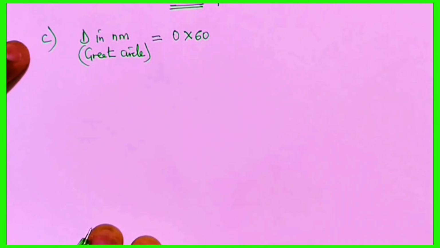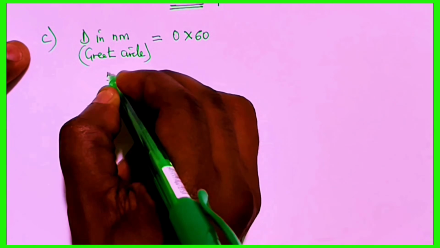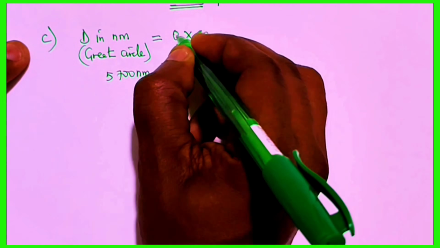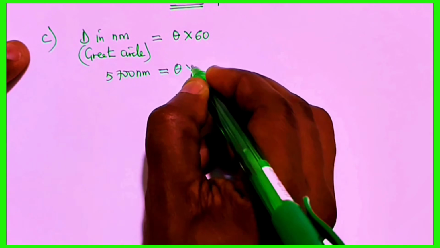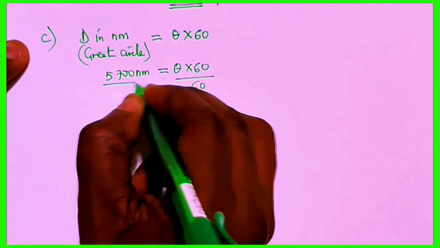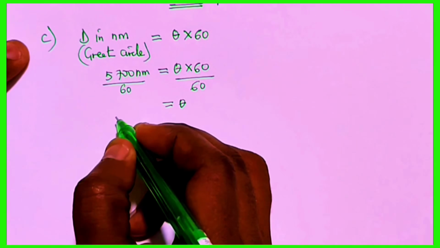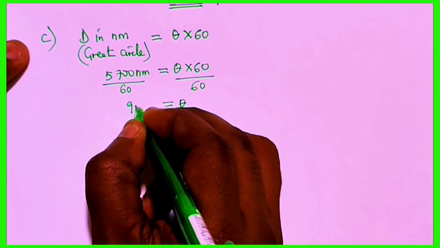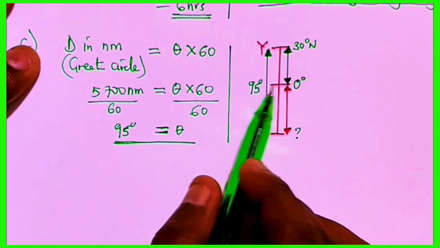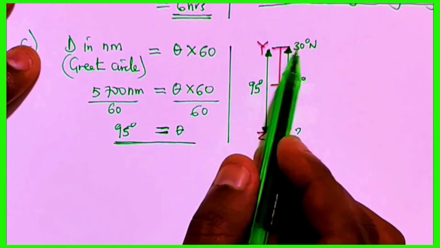And then we've been told that the distance is 5,700 nautical miles. So this will be equal to theta multiplied by 60. And then you divide both sides by 60 so that you get the value of theta. So you're going to find the value of theta to be equal to 95 degrees.